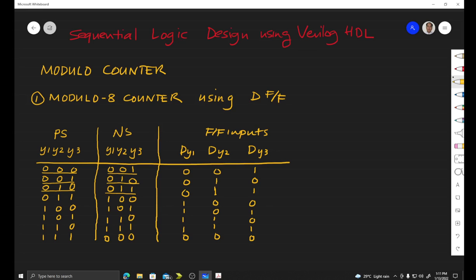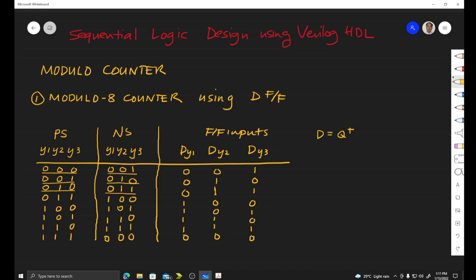So for the flip-flop input, we all know that the input D is the same as our next state Q plus. Therefore, for our first flip-flop dy1, this is our next state, so that is 0, 0, 0, 1, 1, 1, 1, 0. The same way dy2.